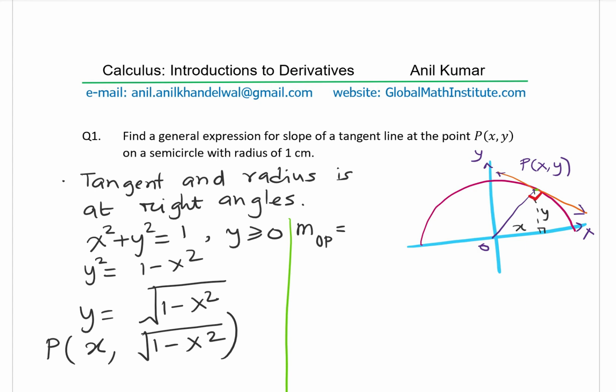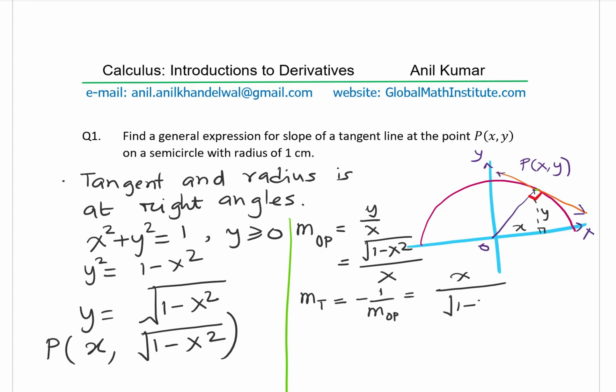So the slope of OP is y over x, which for us is equal to the square root of 1 minus x squared, this is the y value, over x. And the slope of the tangent, let's call it m of t, will be the negative reciprocal, which is the negative of the reciprocal of the slope of the radius at this point. So we will write this as x over the square root of 1 minus x squared.